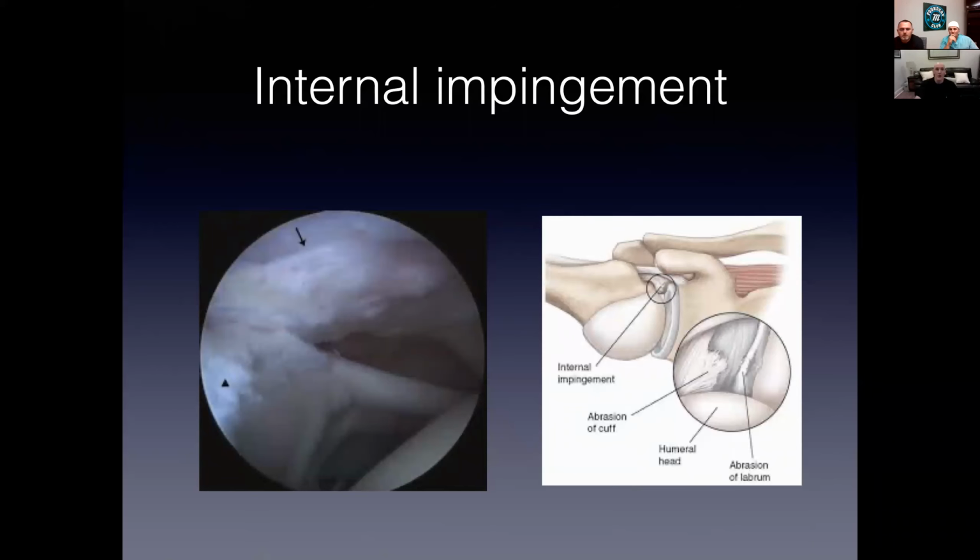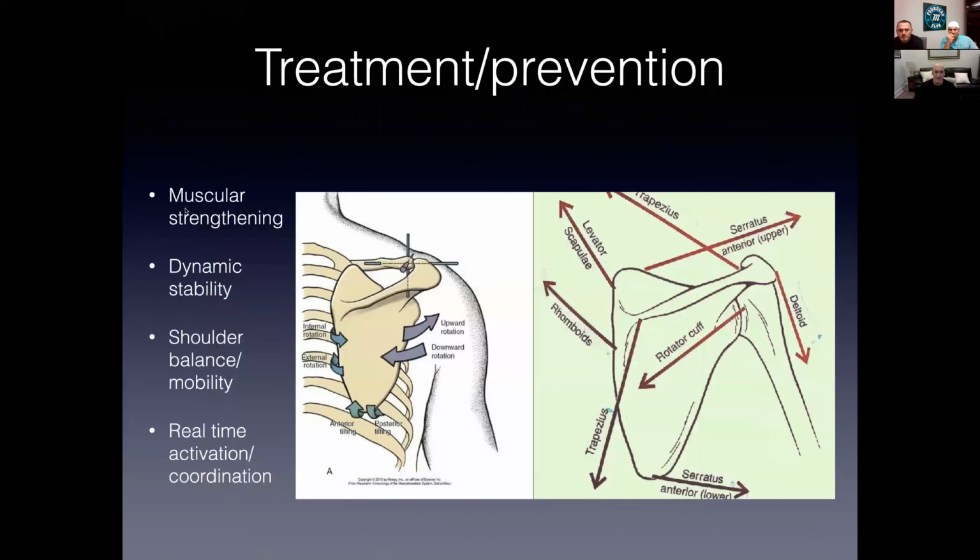So, how do we prevent all this? The main things are, one, shoulder balance. We've talked about this. You have to have balance in the shoulder, and we're talking not only about muscular balance, but ligamentous balance.